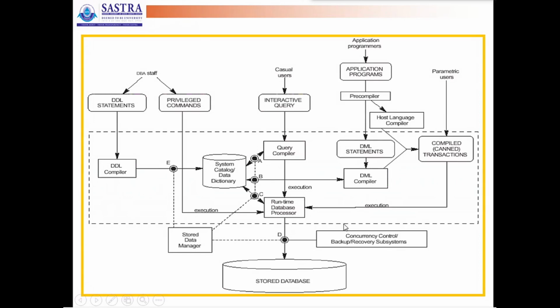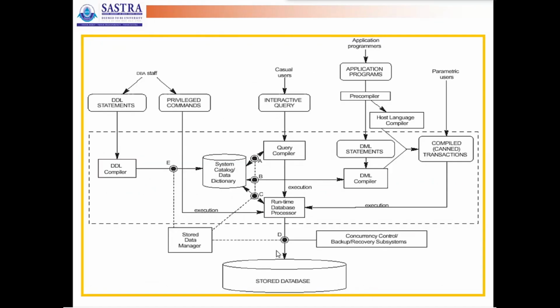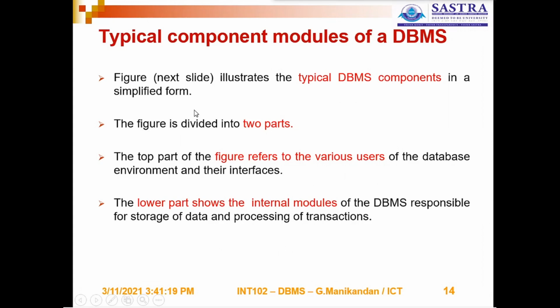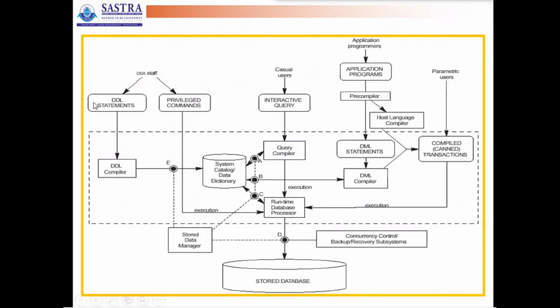So now we will try to identify the functionality of each and every module. You can classify this figure into two parts: the top and the bottom. In the top, we refer to the various users of this particular environment and the interface they are going to use.